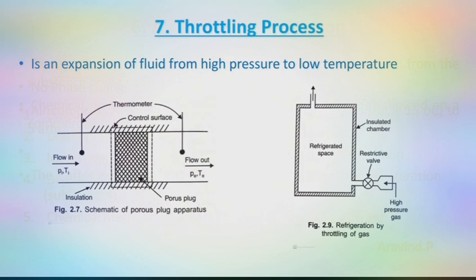Here you can apply the steady state energy equation, which you studied already. Let me tell you: H1 plus V1 square by 2 plus gZ1 plus Q is equal to H2 plus V2 square by 2 plus gZ2 plus Ws. Here H1 and H2 are the enthalpies, which remain constant during the throttling process.